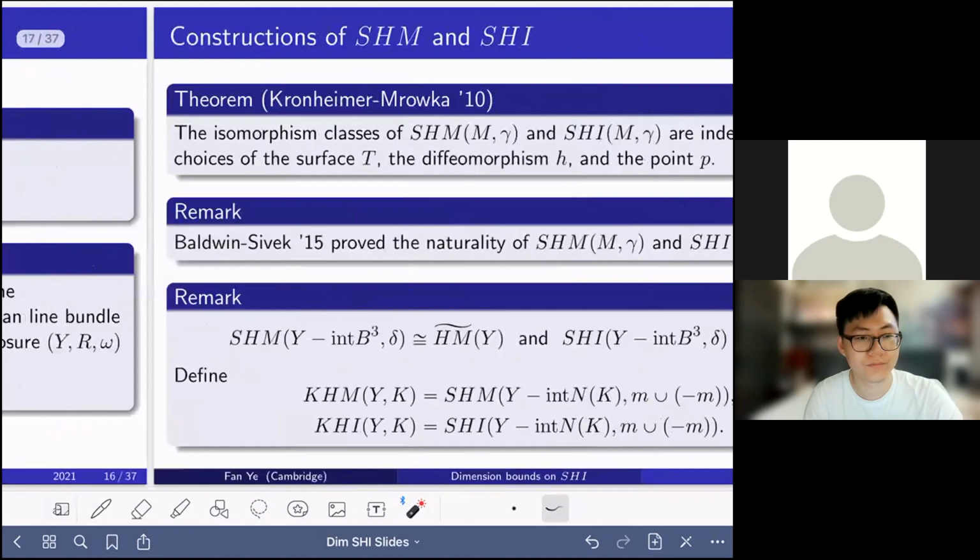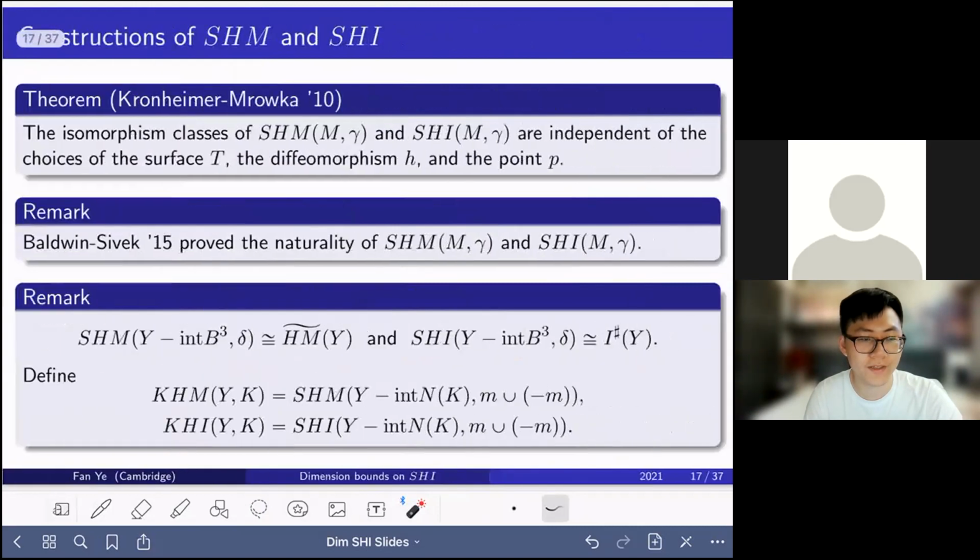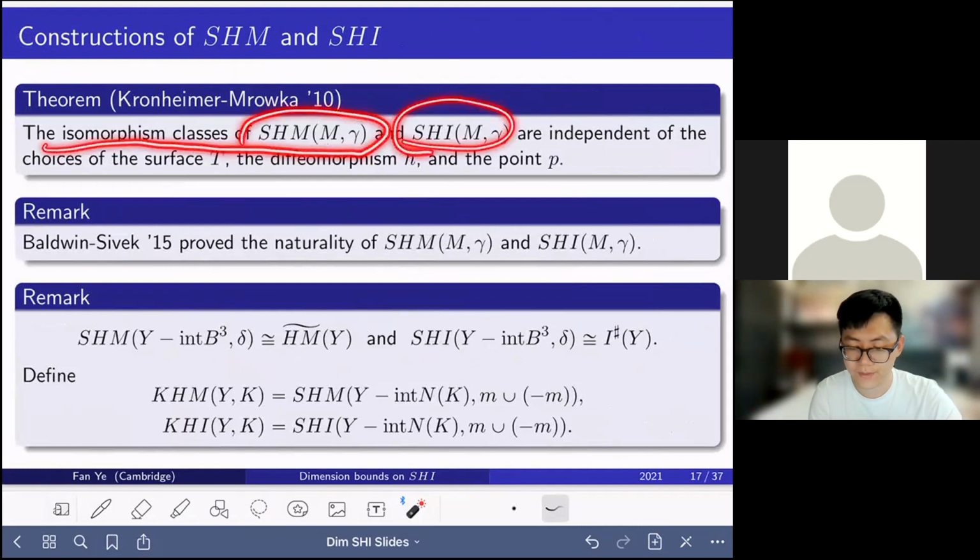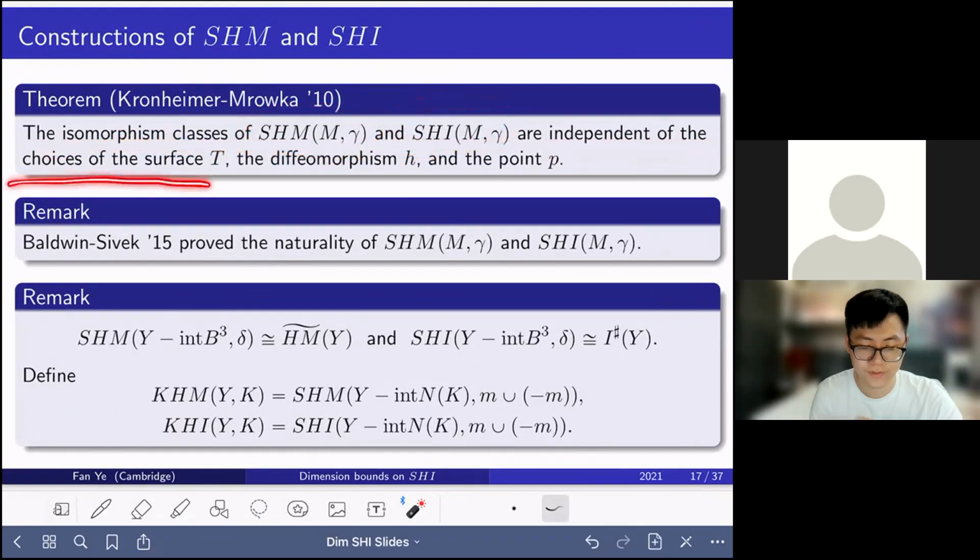Kronheimer-Mrowka proved that the isomorphism classes of SHM and SHI are independent of the choice of the auxiliary surface, and also the diffeomorphism, and also the point p. And then Baldwin and Sivek proved the naturality of SHM and SHI.